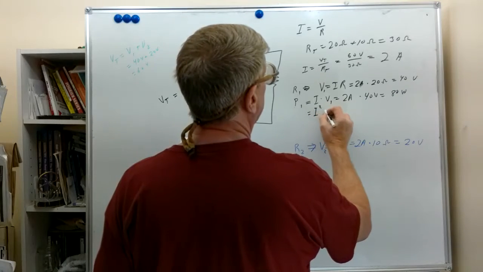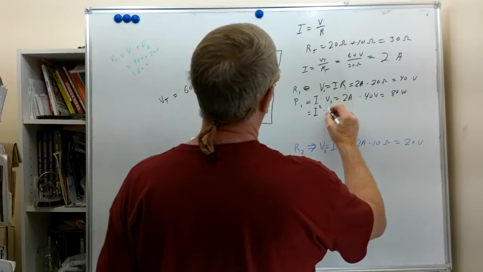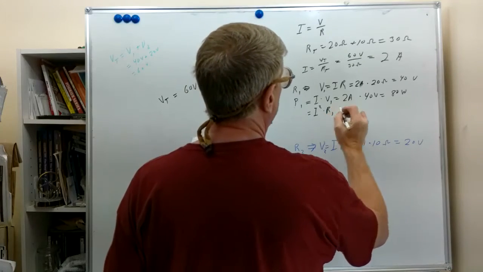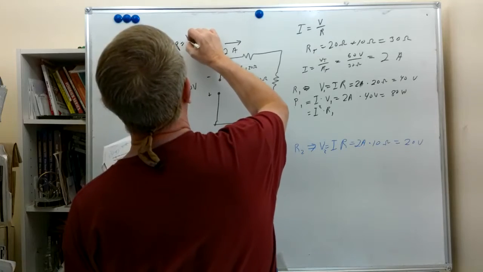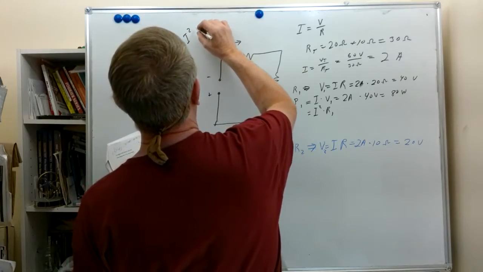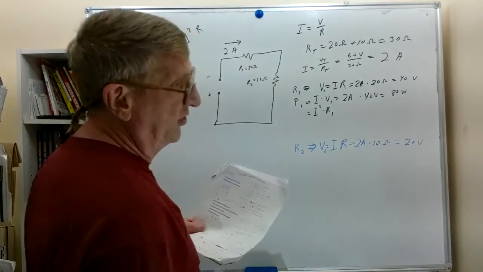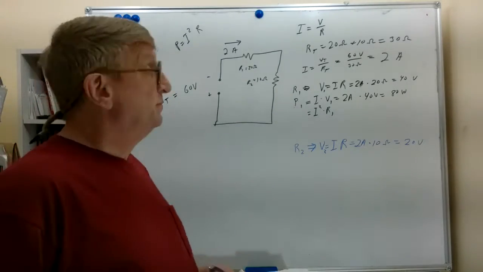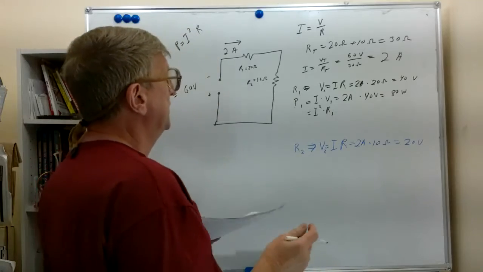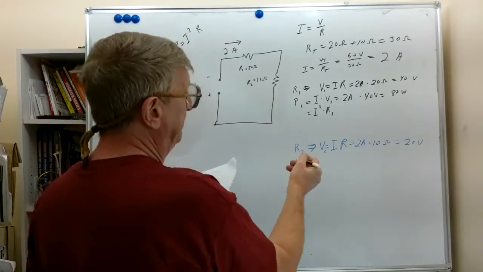Now we're going to use our other formula too, which is power 1 could also be I squared times R1. Remember that power equals I squared R. That was one of our power formulas. The current squared times resistance gives us our power. Well, 2 amps again.